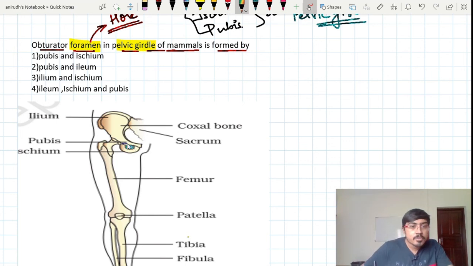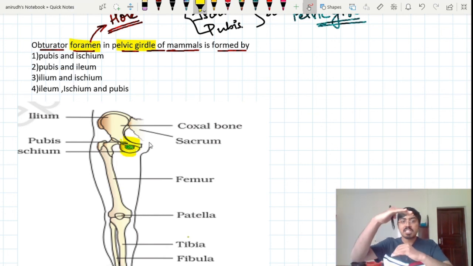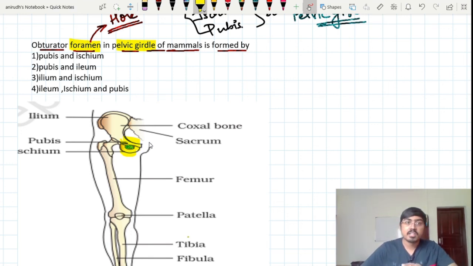On top it is lined by the pubis, and below it is by the ischium. Top it is by pubis and below it is by ischium. You have a hole here and that is the obturator foramen in the pelvis. Ilium is above. This is ilium. Pubis is between and they have an ischium over here. In between you have the pubis.